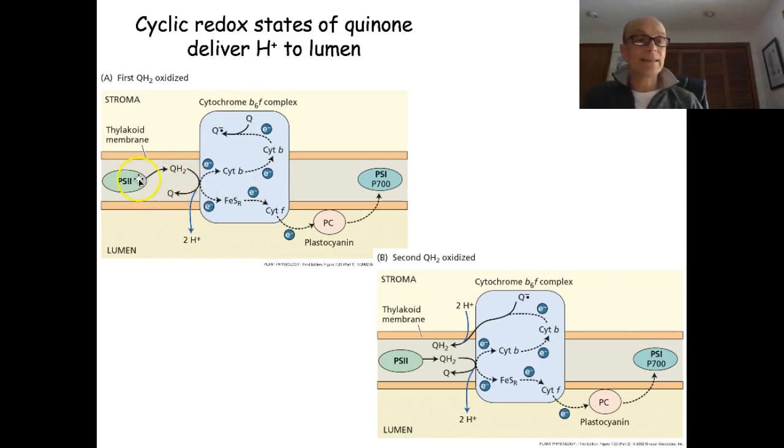Okay, so the next step is this Q cycle or the linear pathway. So there's two ways the electrons can now go. You see here photosystem 2, you see the plastohydroquinone, and you see that electrons can now flow either in this linear pathway to plastocyanin in the end and then to photosystem 1, or they can go a different pathway, and that is the Q cycle.